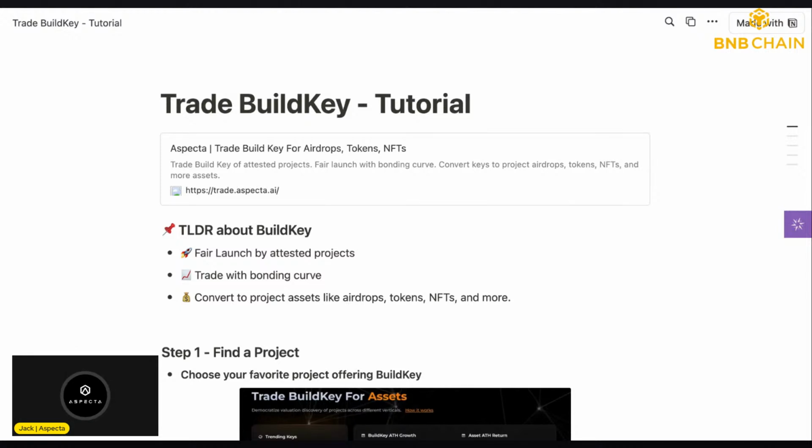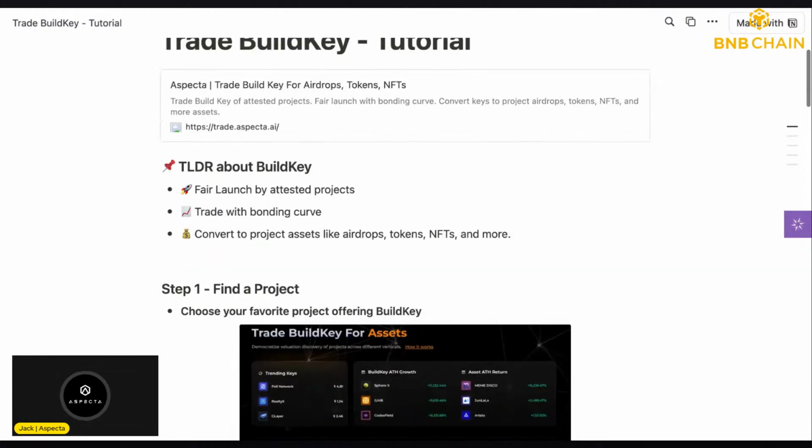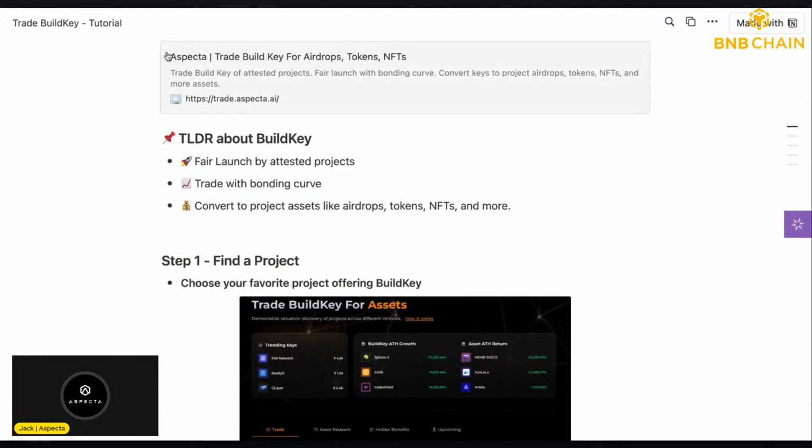For example, some projects say, if you are build key holders, you have more access or benefits to ecosystem opportunities. So build key is not only for price discovery, it becomes a communication channel where you talk with all your community members. This is the second thing Aspecta is building.